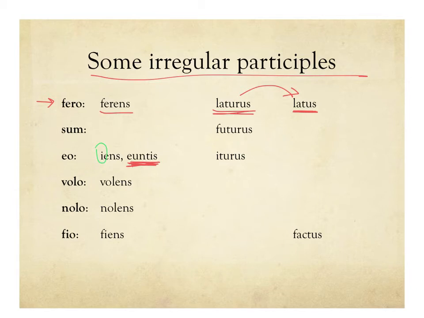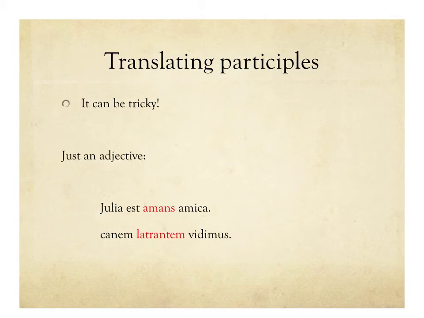Volo and nolo only have present ones, and fio has the present, but it also has this factus, because it really is in some ways related to facio. So it shares a perfect passive participle with that. And we'll talk more about that as we translate sentences. We'll see how that works.